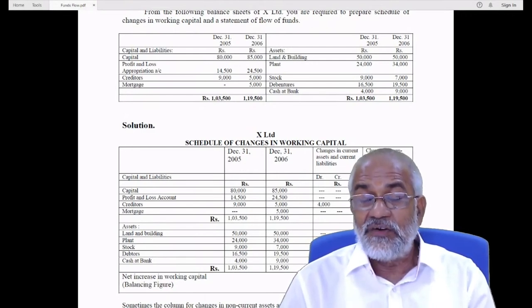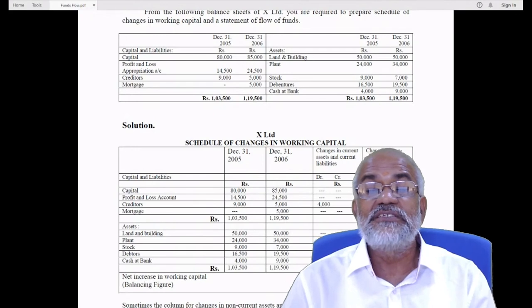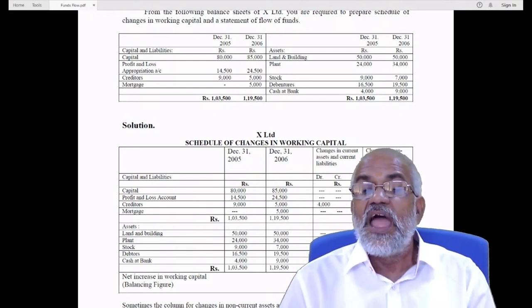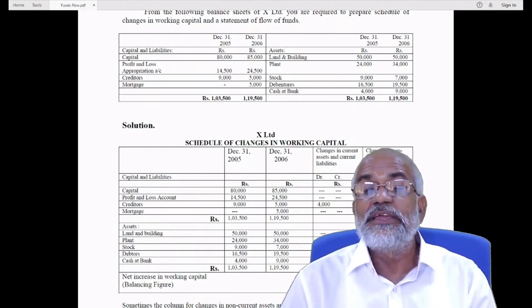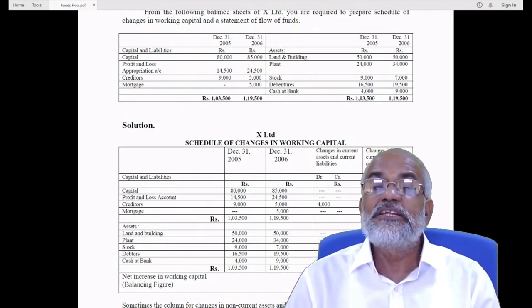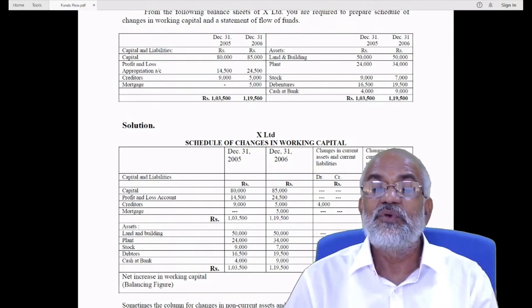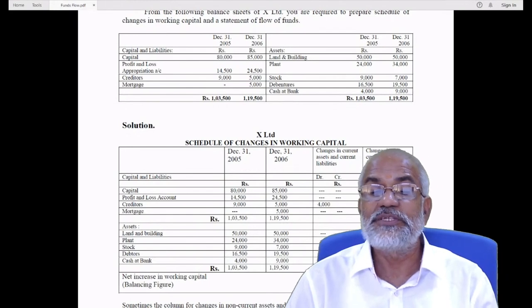That is the credit of the non-current category. Then the debit column of the non-current category, when totaled, would be 10,000, land and building. And the credit column of the current category is coming 2,000 rupees. And the debit column of the current category is 4,000, 3,000 plus 5,000, it is coming 12,000 rupees.